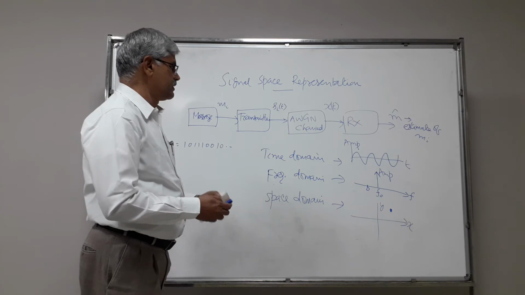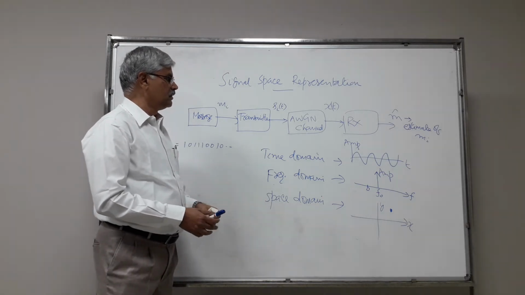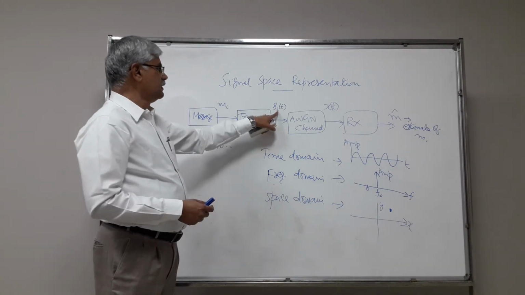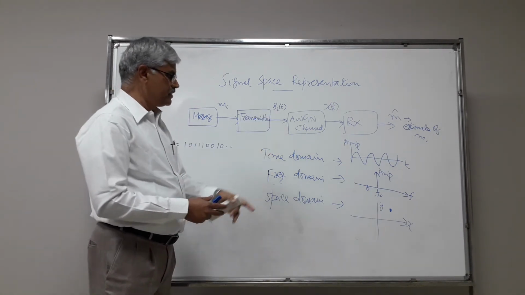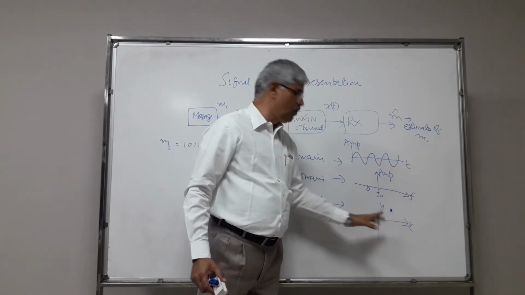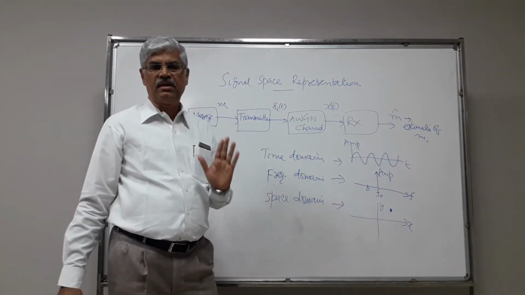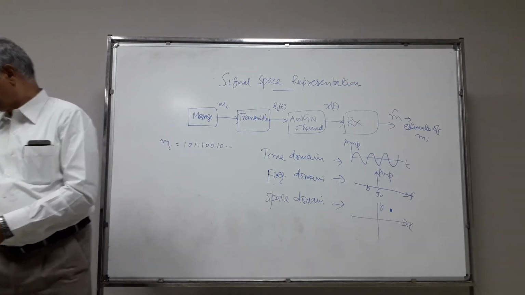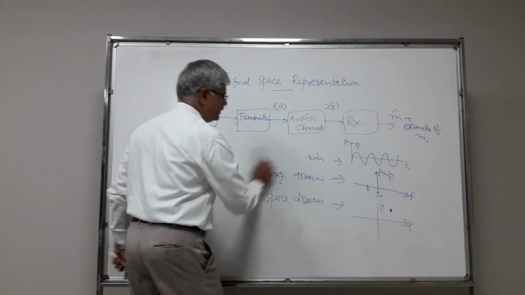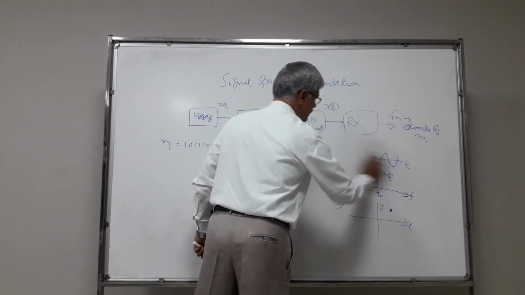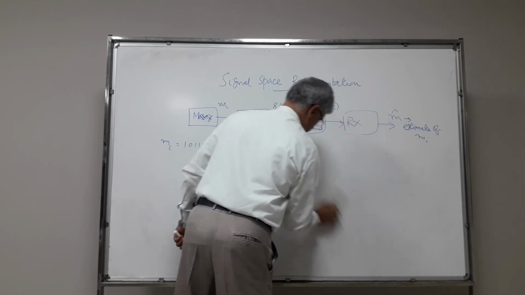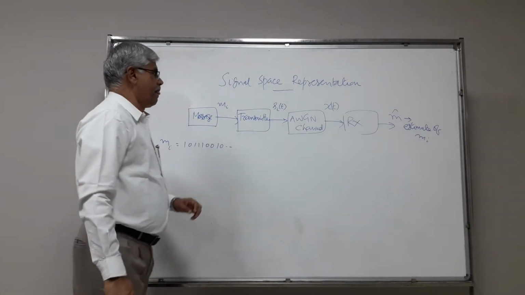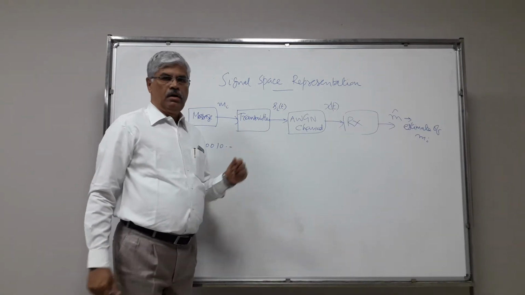Okay? Now let us try to present in a mathematical form the signals, and then we will try to understand how many dimensions are required to represent these signals. Okay.